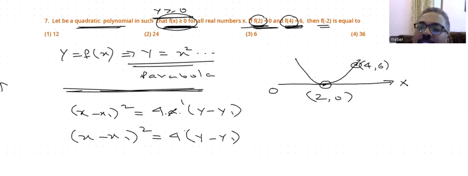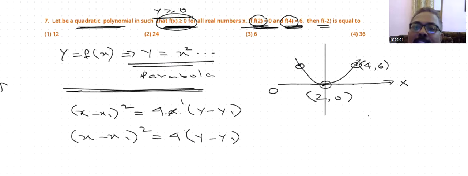Now, what idea are we getting here? A parabola is equally balanced, or symmetrical, along its axis. Moving from 2 to 4, it is 6. If it is symmetrical, there will be another point which moves 2 more steps the other way, so it is coming at 0.